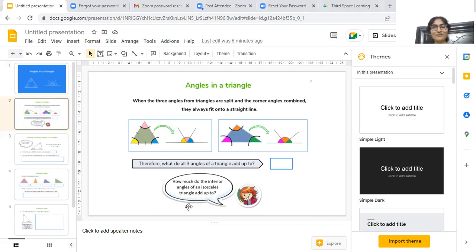I'm astonished by the way you explained. Yeah, an isosceles triangle is a triangle in which two sides are equal to each other. Right. Okay, so if we add all three angles of an isosceles triangle, then what will we get? Yes, the same. That is 180 degrees.